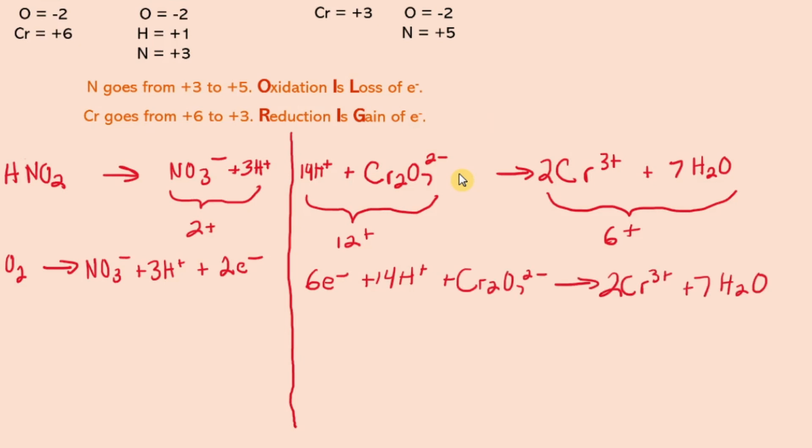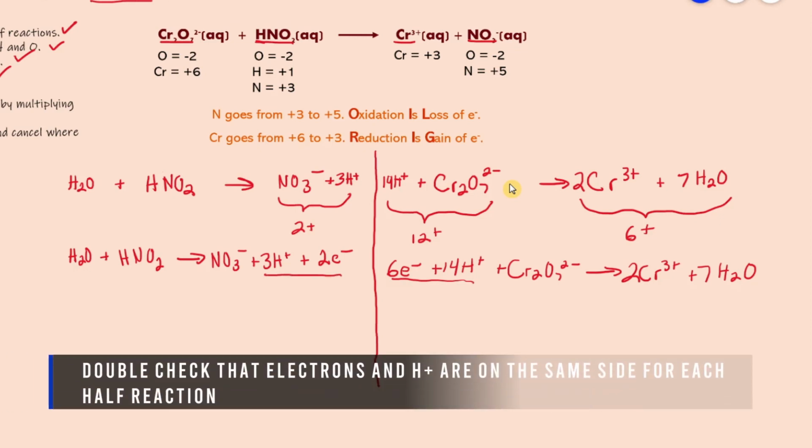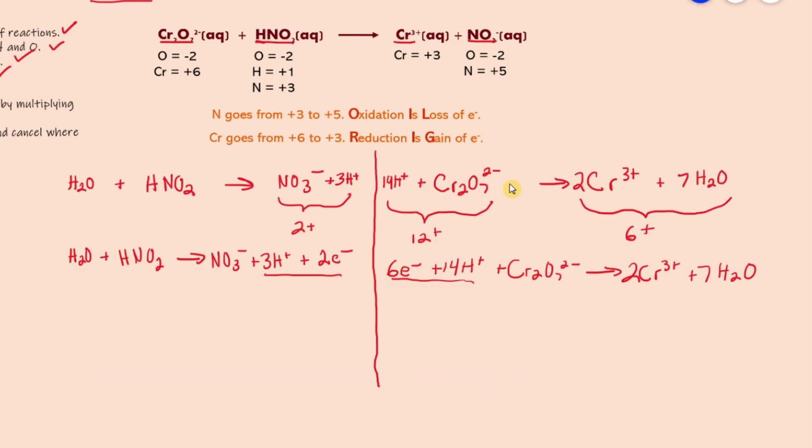Okay, so a couple of things here I want to point out that should clue you into whether you're on the right track or not. One is, if you'll notice, in both cases, my electrons and my hydrogens were on the same side. They were not on the same side across reactions, like they're on the product side here and on the reactant side here, but they were on the same side within my half reaction.